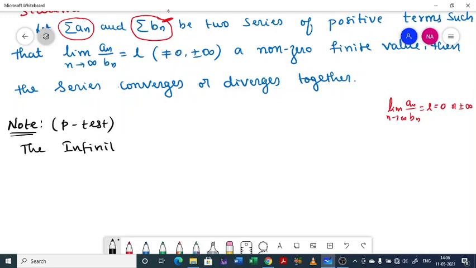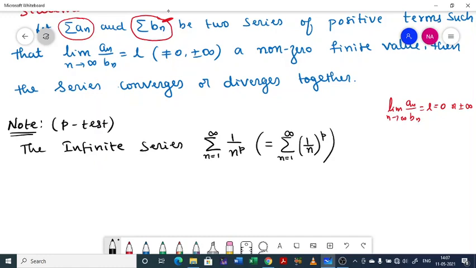The infinite series summation 1 by n power p, n ranging from 1 to infinity. You can also write this as summation 1 by n whole power p, n ranging from 1 to infinity.